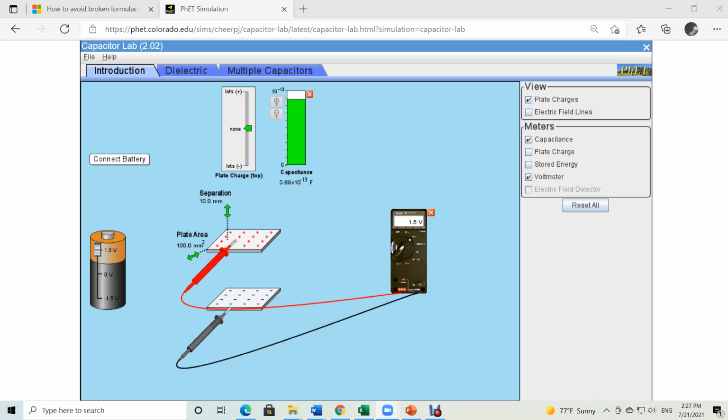Now I'm going to put my keys here. They are all made of metal. They're conducting devices, right? I am supposed to discharge the capacitor when I touch those 2 terminals of the capacitor here. Let's see if it gets discharged or not.